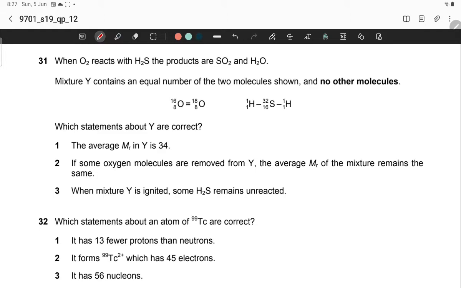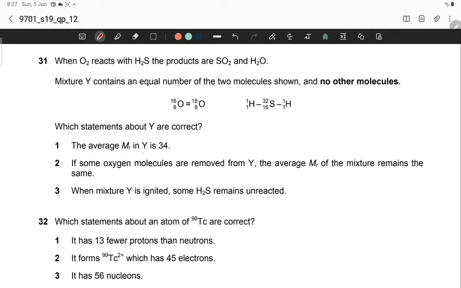Next question is 31. When O2 reacts with H2S, the products are SO2 and H2O. Mixture Y contains an equal number of the two molecules shown and no other molecules. Oxygen 16 isotope and oxygen 18 isotope, hydrogen 32 isotope, hydrogen 1 isotope. Which statements about Y are correct?